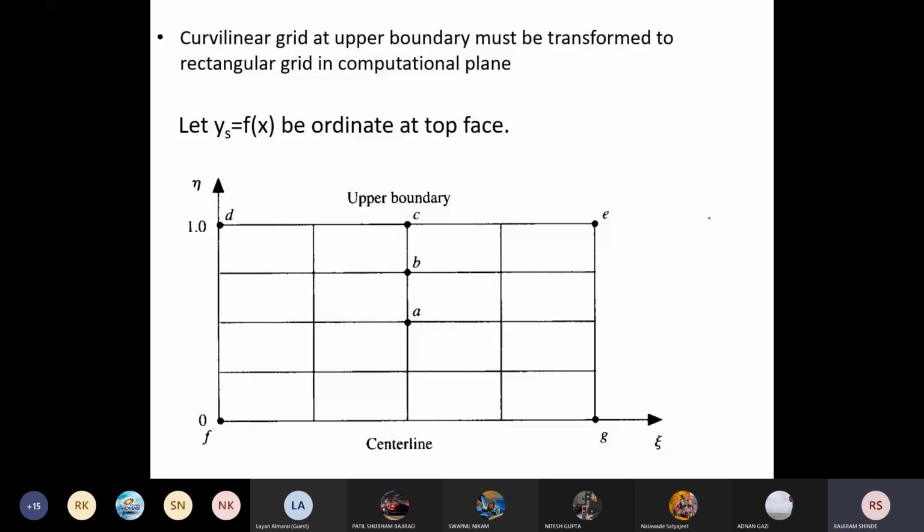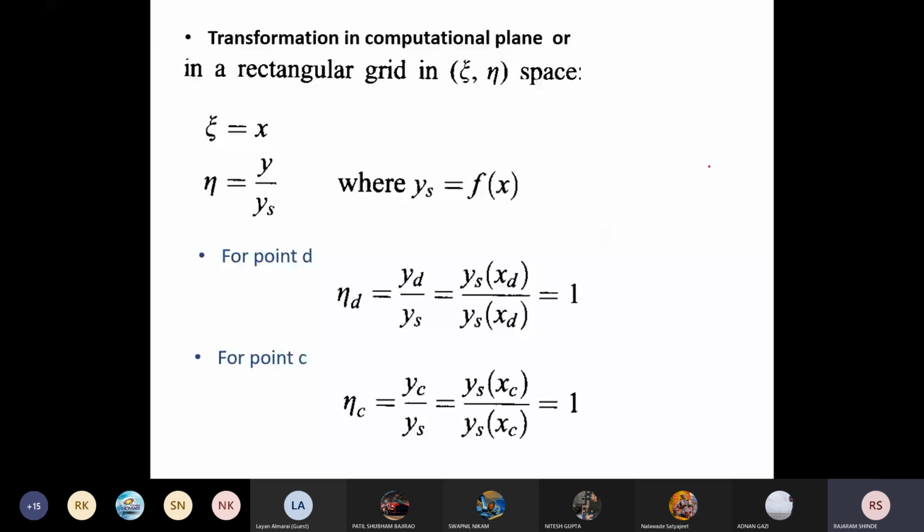You see here the transformation in the computational plane, or a rectangular grid, in xi-eta space. Xi is equal to x, because the same spacing is available in the x direction, so the x coordinate does not need to change.